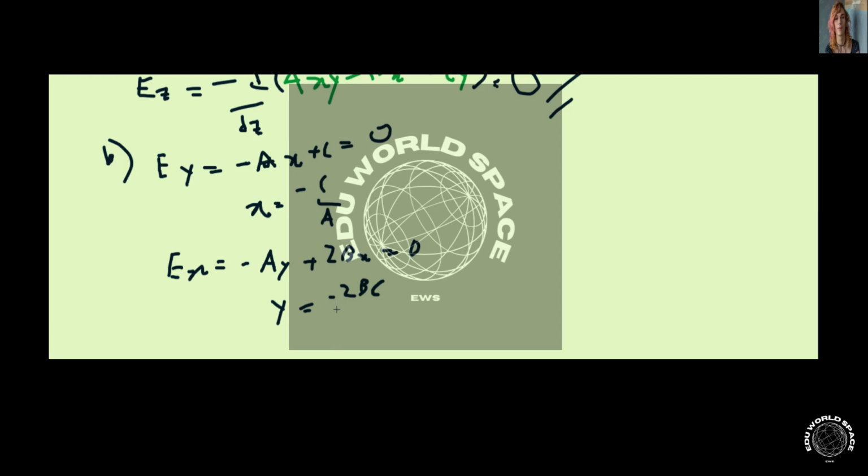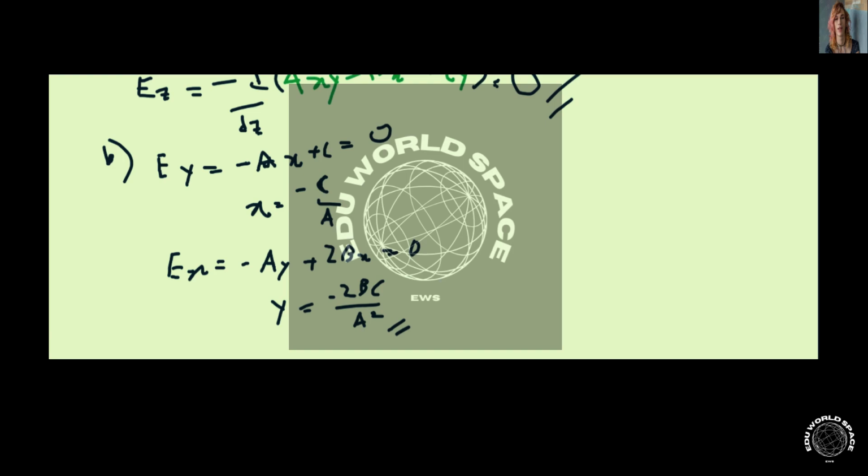If you substitute the x from the previous equation into this and solve for y, we're going to get that y is equal to negative 2BC over A squared.